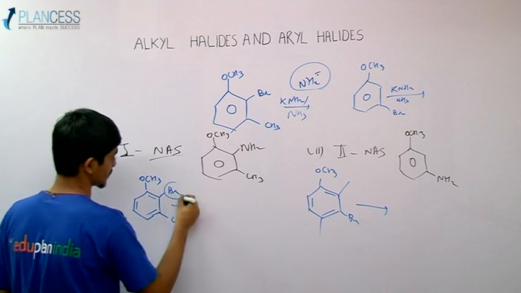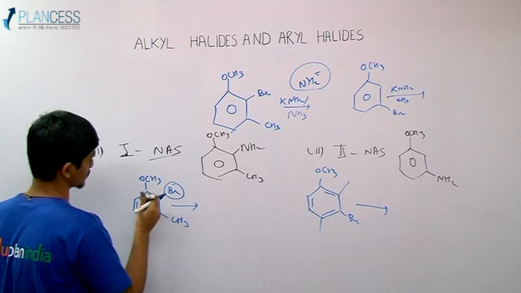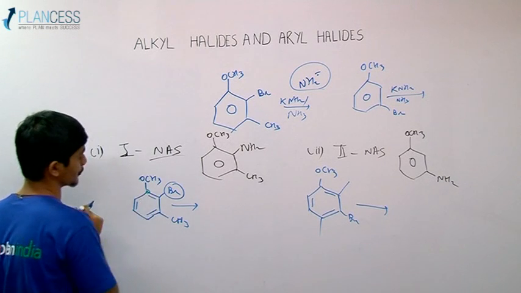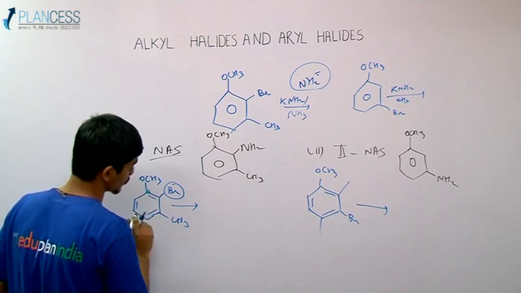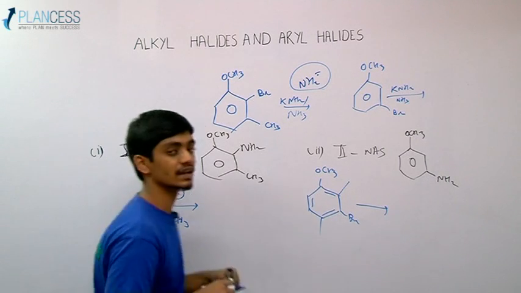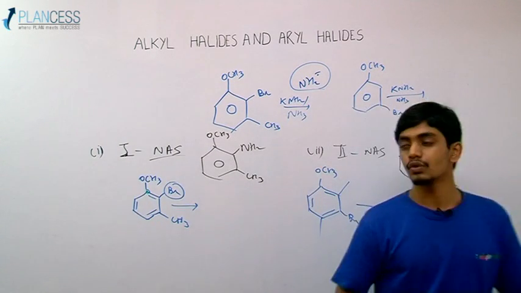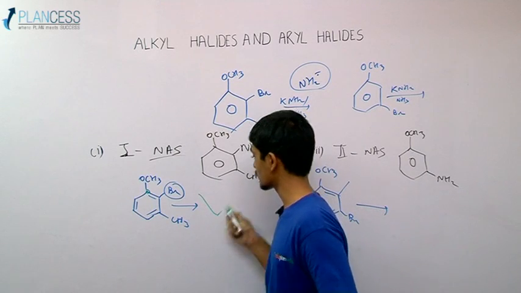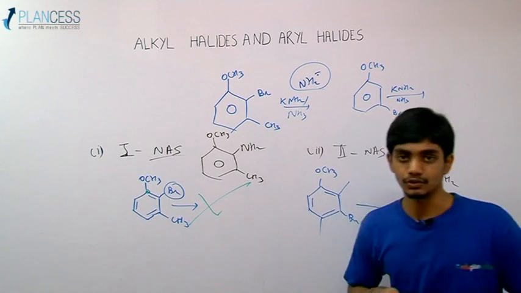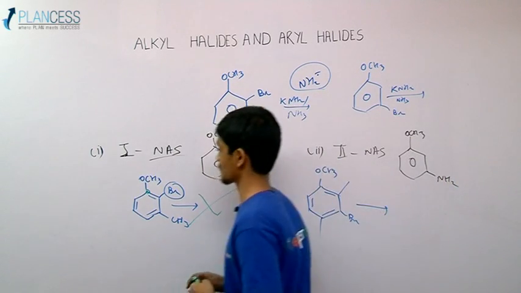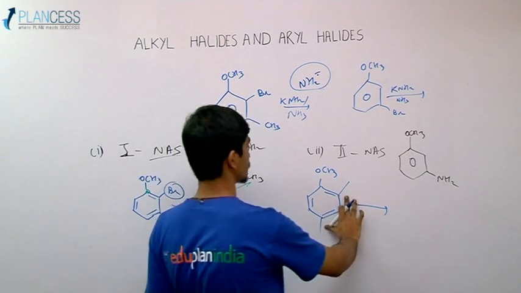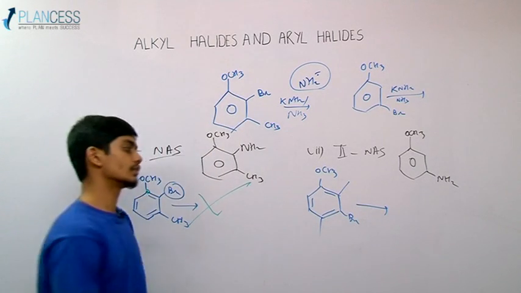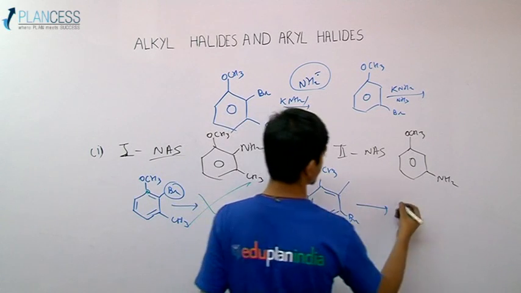But in the first case, both these positions are occupied. One carbon position is occupied by OCH3 and hence there is no hydrogen, and the other is occupied by CH3 and hence again there is no hydrogen. So the first step of the mechanism itself cannot take place, and you do not get a nucleophilic aromatic substitution product in this case. But yes, there are two free positions in the other compound and we will go with this free position.